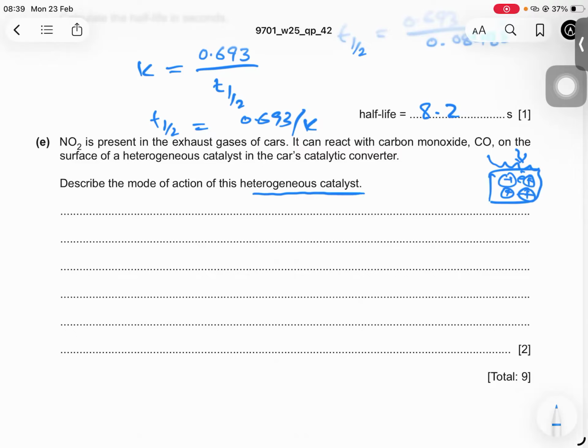So how do we write it? Write down: the reactant gases are adsorbed on the surface of the catalyst.